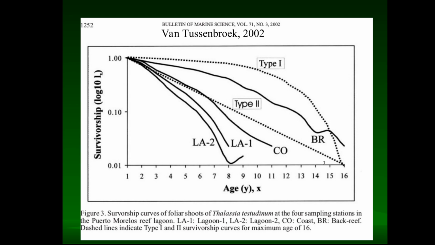And some populations have more intermediate curves, like these type 2 curves, but they could find no Thalassia populations with R-shaped curves. This implies that Thalassia tends toward being a K-selected species with some variation.